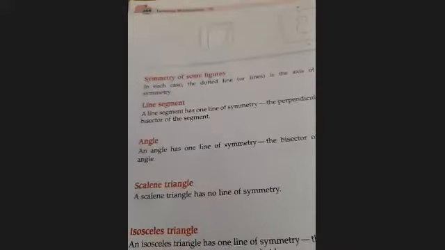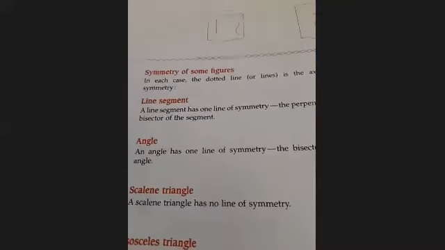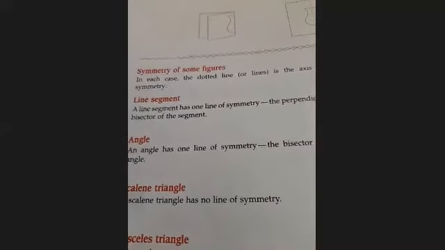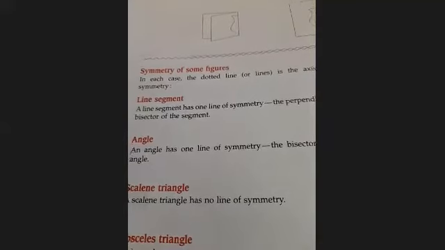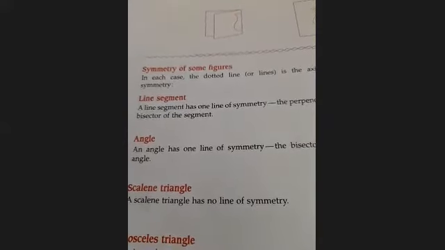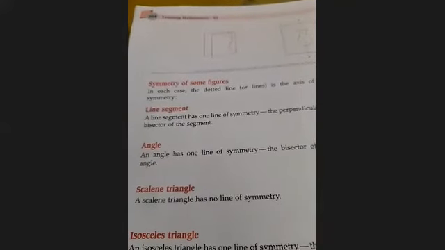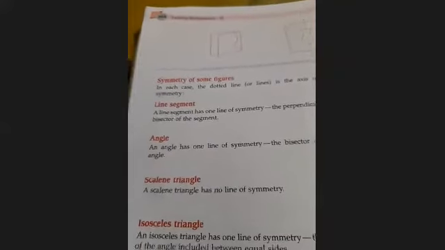So students, a scalene triangle has no line of symmetry. A line segment has one line of symmetry, an angle also has one line of symmetry, and a scalene triangle has zero lines of symmetry. No line of symmetry means zero lines of symmetry.